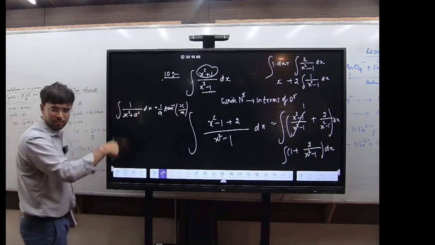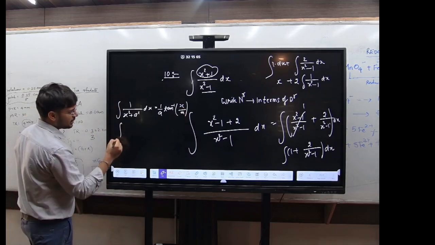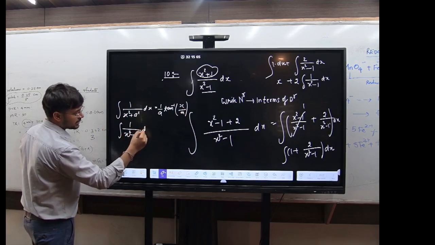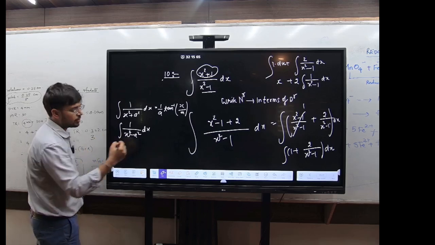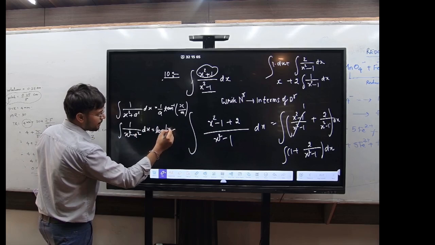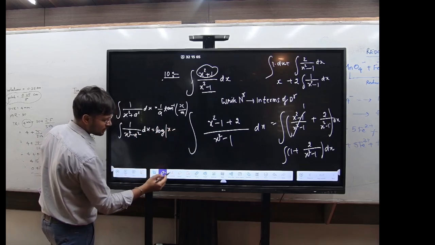Oh, this was x square minus 1. Remember a few formulas. This formula is very important. Second, if the denominator is x square minus a square, what will this formula be? Log of x.